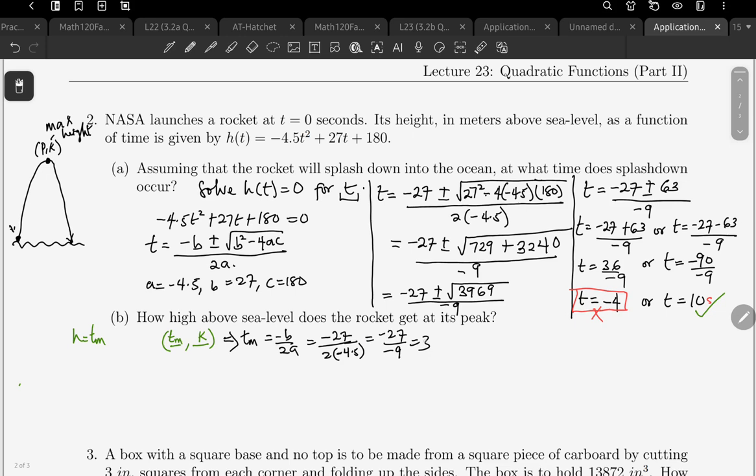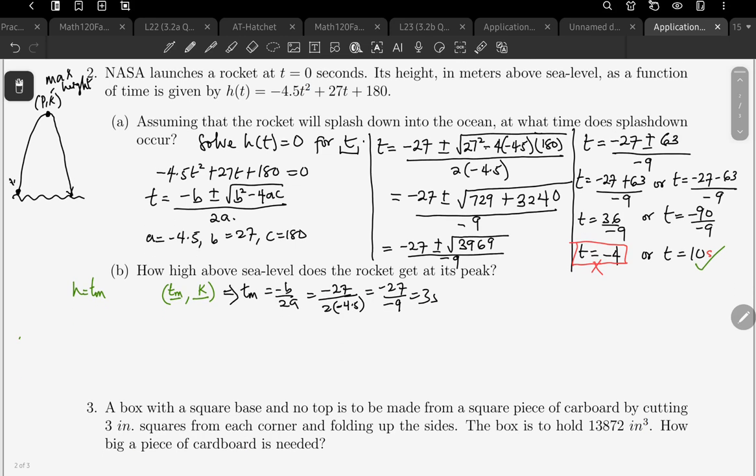So it means the time taken for the rocket to get to its peak is 3 seconds. So we just need to find the height at the peak, which is simply looking for k, which is h of tm. That is the max height.